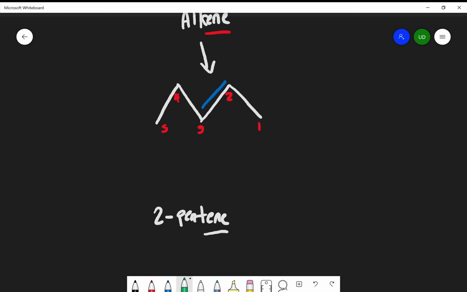We're not done because this has a hydrogen. And on this side, there's also a hydrogen. And in knowing that this one is going down and this one is going up, this is a trans isomer.